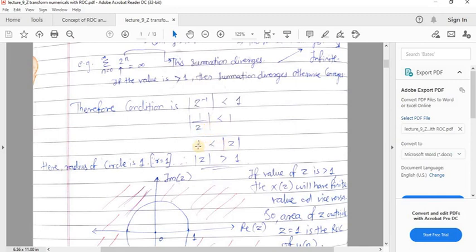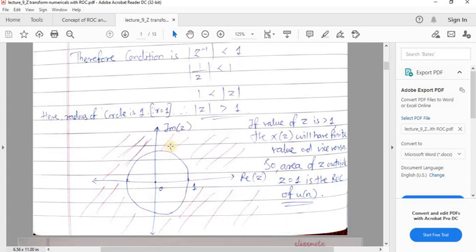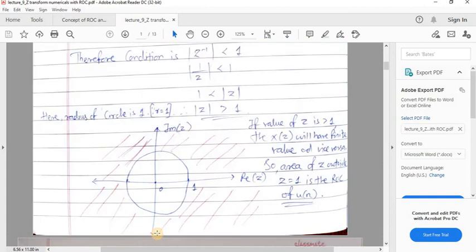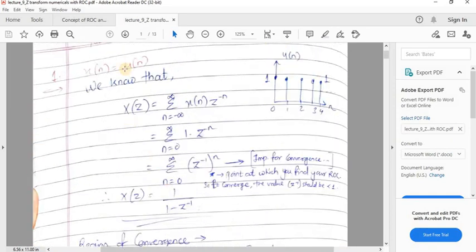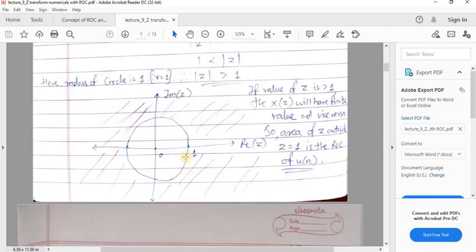So it is a right-handed sequence, and z is also greater than 1. This is your region of convergence plotted on the z plane. This is the imaginary axis, plus j and minus j, and plus real, minus real. This is the unit circle. In this problem there are no poles, so take the unit circle with r equals 1.